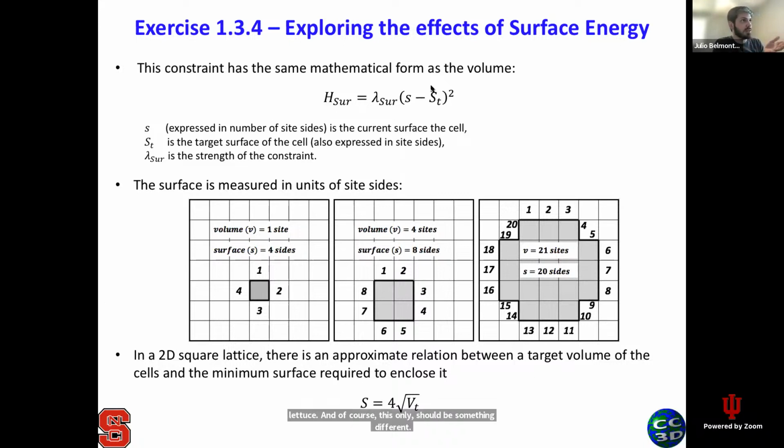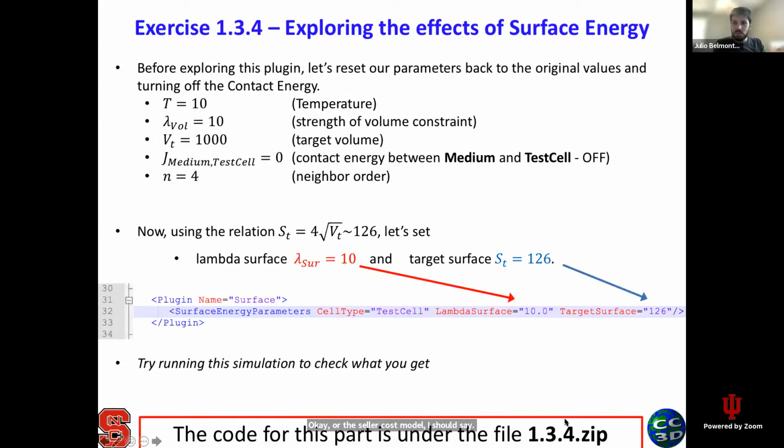So that's how the surface energy works in CompuCell3D, or in the cellular Potts model, I should say. We can now explore, as an exercise, how it behaves. I want you to go back to Twedit, to your code, and reset your parameters back to what you had before.